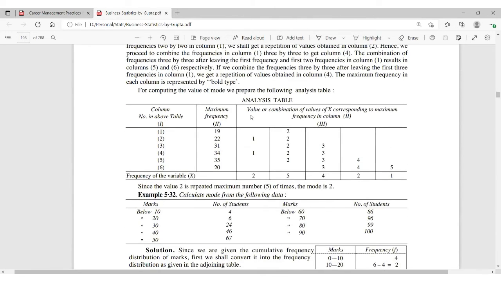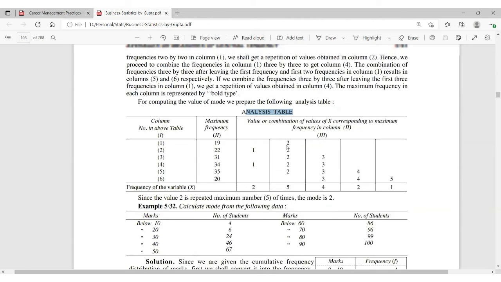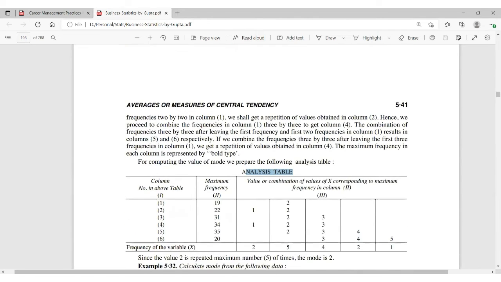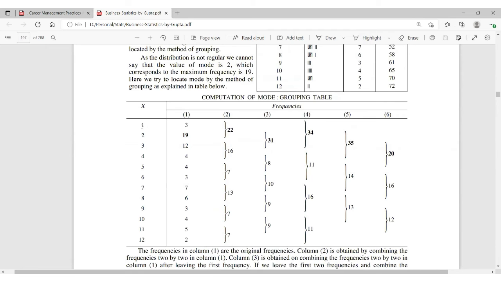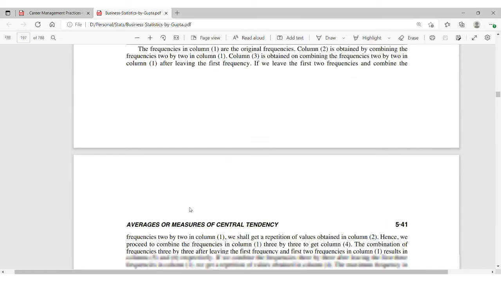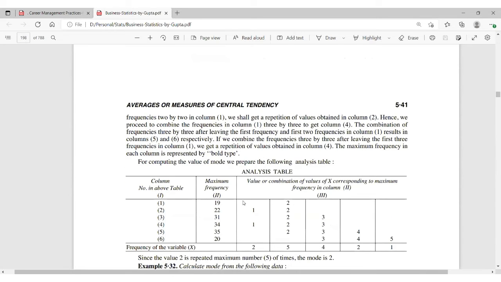Now, next is the analysis table. What you do, you write all these numbers 1 to 6 there. 1, 2, 3, 4, 5, 6. These numbers, right?